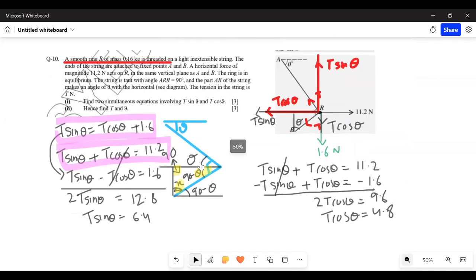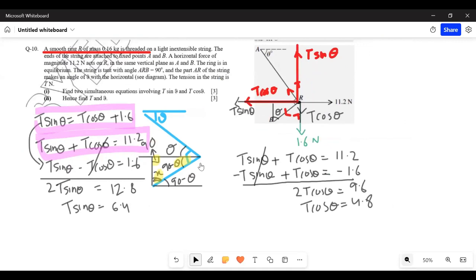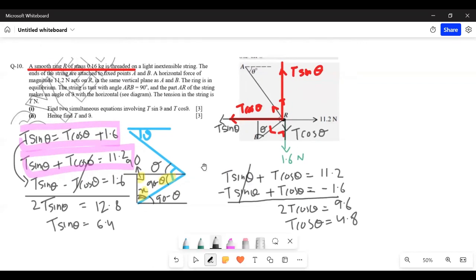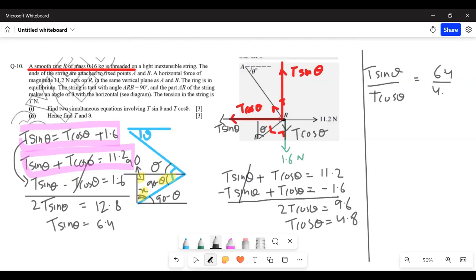Now we have T sine theta, T cos theta. We can find the value of theta and T from here by either applying Pythagoras theorem on T sine theta and T cos theta, or dividing them and getting tan theta and then taking tan inverse. It's up to you. So I'm going to divide them and get tan theta. So T sine theta over T cos theta equals 6.4 over 4.8.